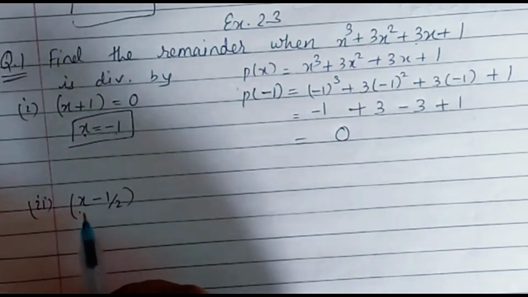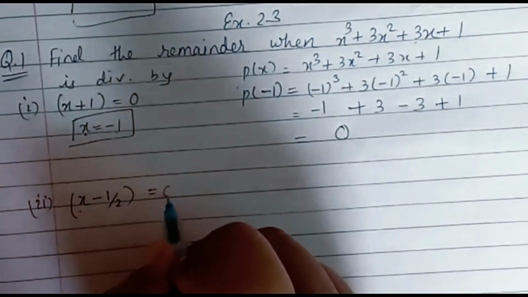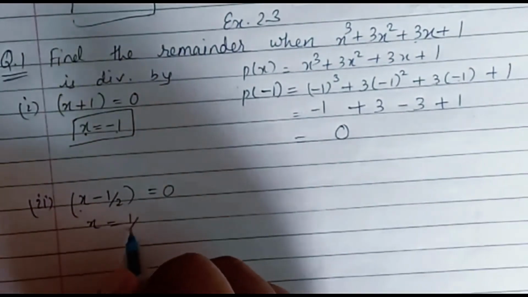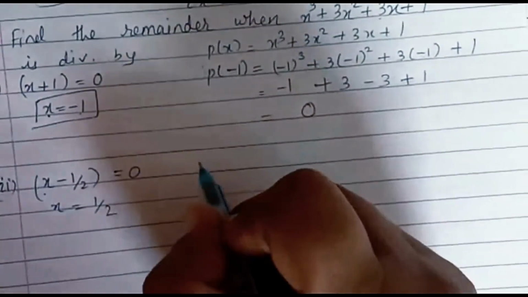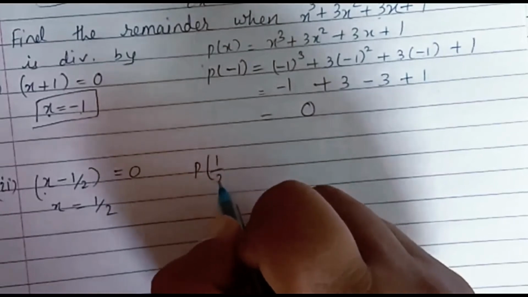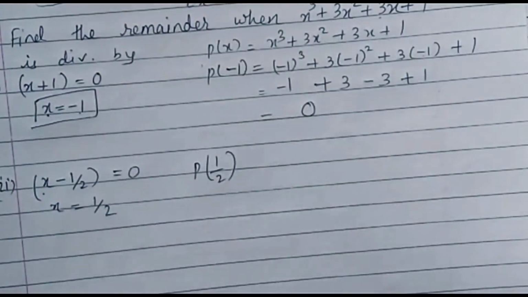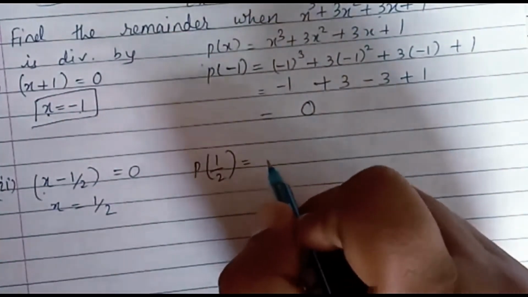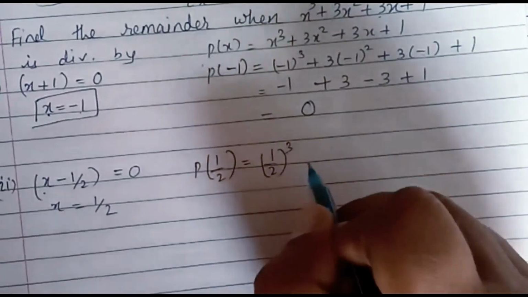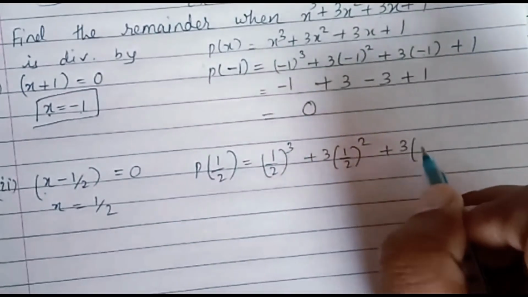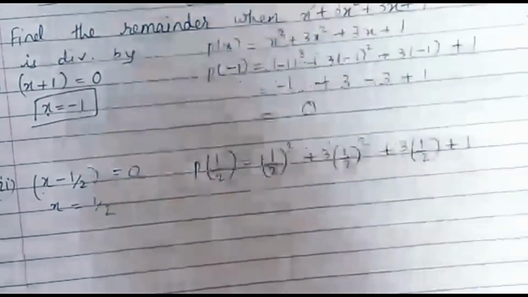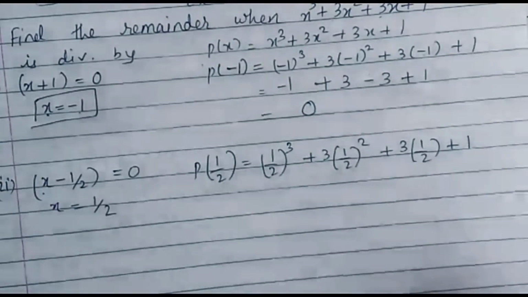Same way, when it is divided by x minus 1 by 2, the value of x will be 1 upon 2. So let us obtain it in exactly the same way, taking p of 1 by 2. In place of x you replace it by 1 by 2, so you will get 1 by 2 the whole cube plus 3 into 1 by 2 the whole square plus 3 into 1 by 2 plus 1. As these are rational numbers, you will have to take the LCM.